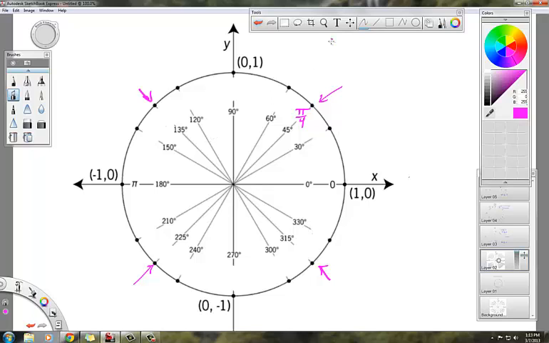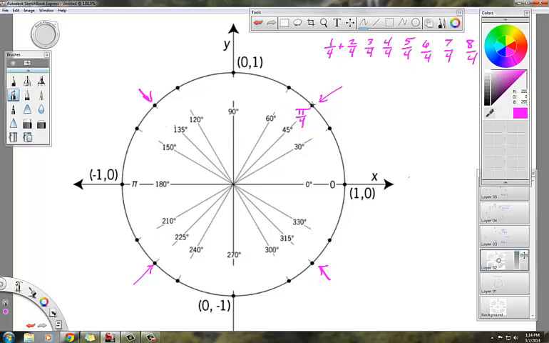So if we take 1/4 and keep adding 1/4 to this, we're going to get 2/4, 3/4, 4/4, 5/4, 6/4, 7/4, 8/4. That's actually hard to write.